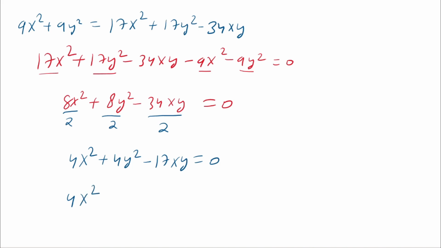Here 4x² − 17xy + 4y² = 0. Now first we will factorize the left-hand side.